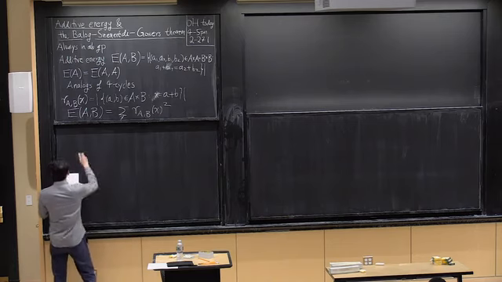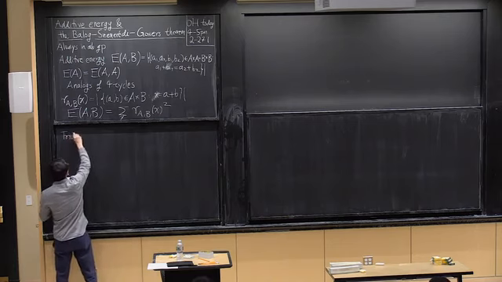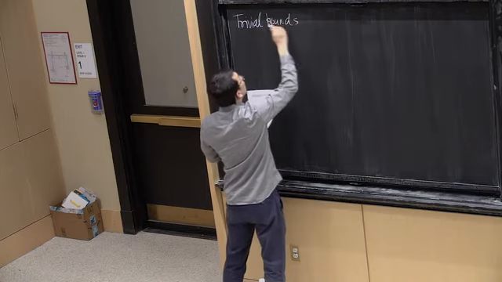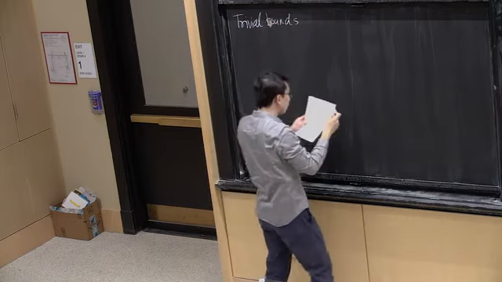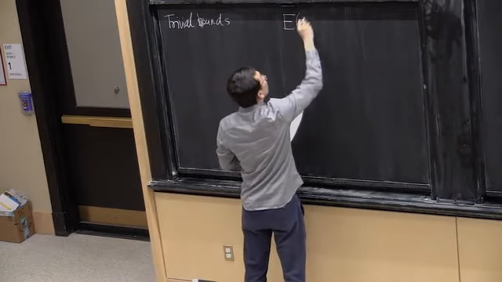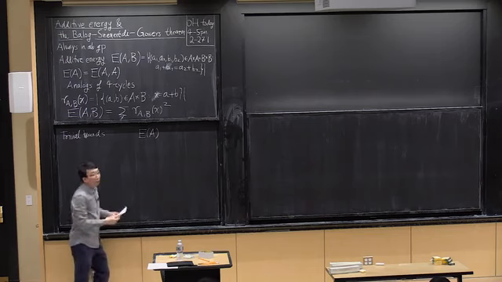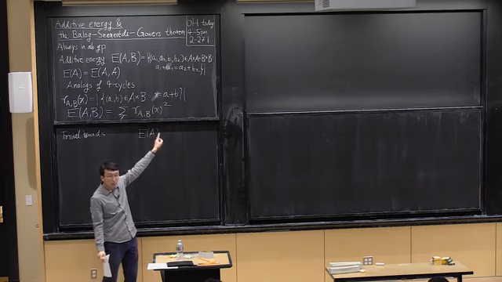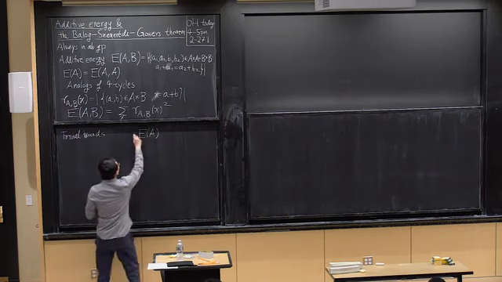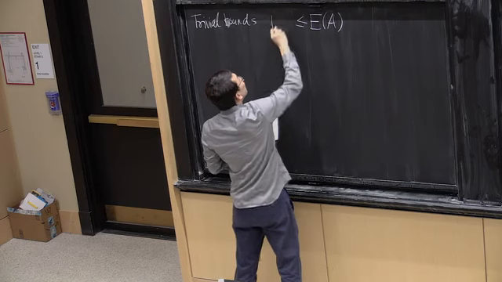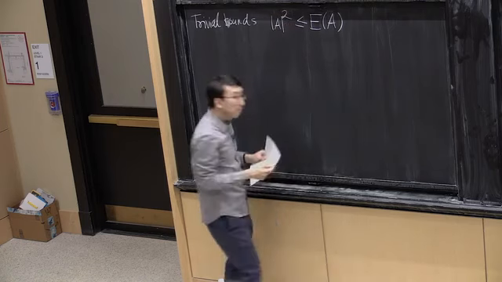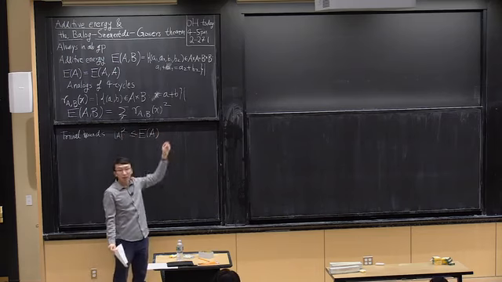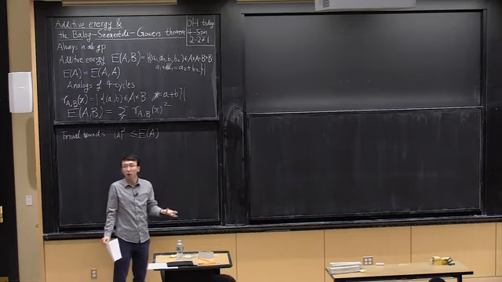There are some trivial bounds, just like in the case of sumsets. On one hand, by taking a1 equal to a2 and b1 equal to b2, we see that the energy is always at least the square of the size of A. On the other hand, if I fix three of the four elements, then the fourth element is determined.